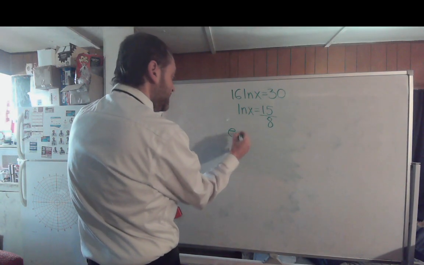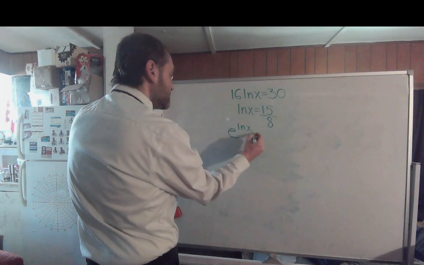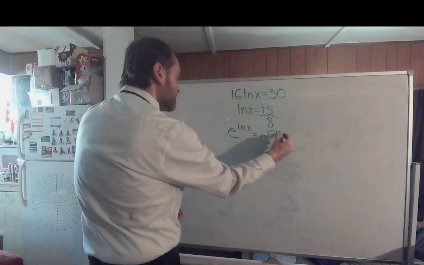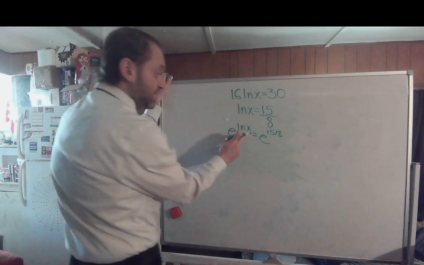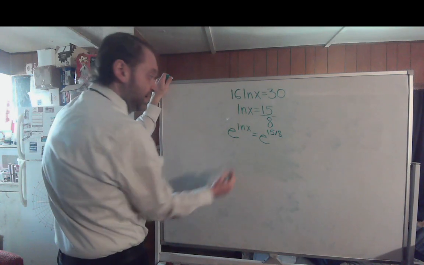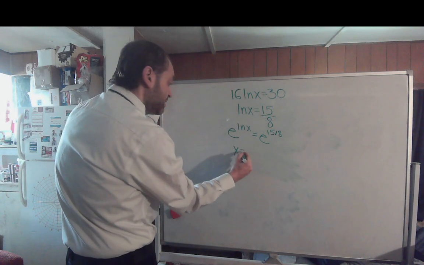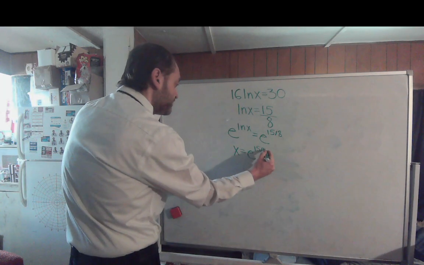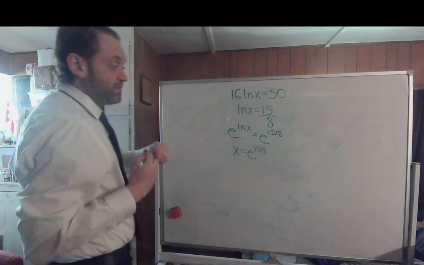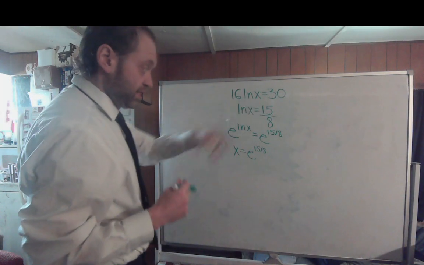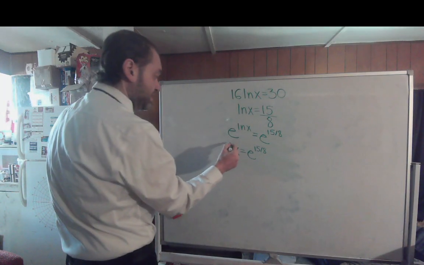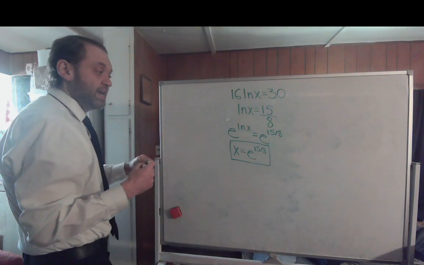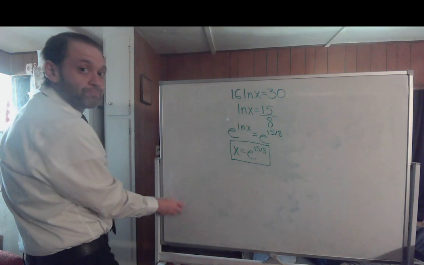So this would be e to the natural log of x equals e to the 15/8, and on the left side, the natural log is canceled out. You just get x equals e to the 15/8, which is greater than 0, so the function is defined there. So you would get x equals e to the 15/8 as your answer.